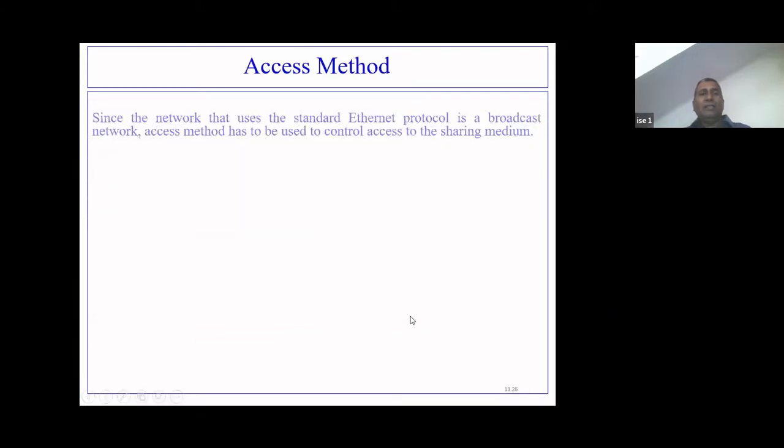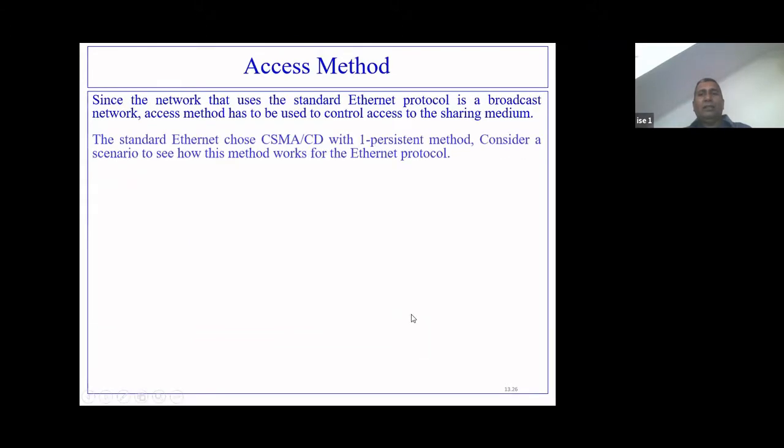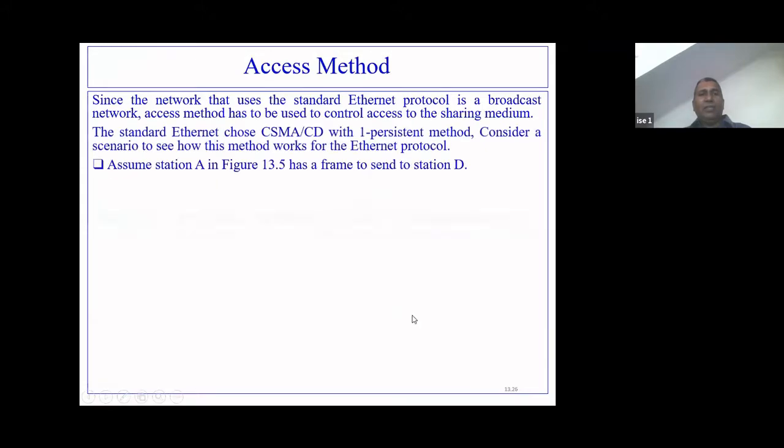Next is, since the Ethernet protocol is nothing but a broadcast network, it's a kind of broadcast network, right? So standard Ethernet has chosen CSMA/CD with the one persistent method.